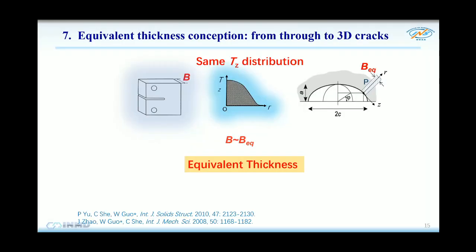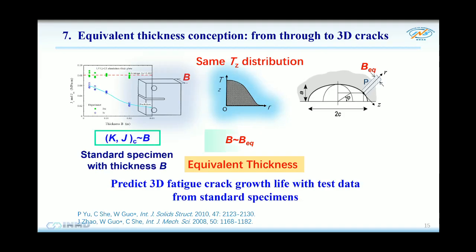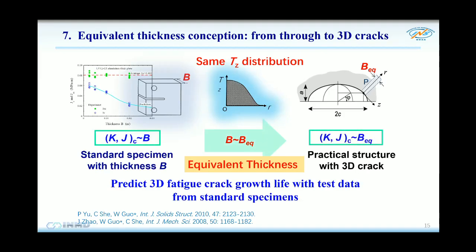we extended from through-thickness crack because material then we use this through-thickness crack, but the surface and the embedded and the corner and all these three-dimensional cracks are there in real structure.